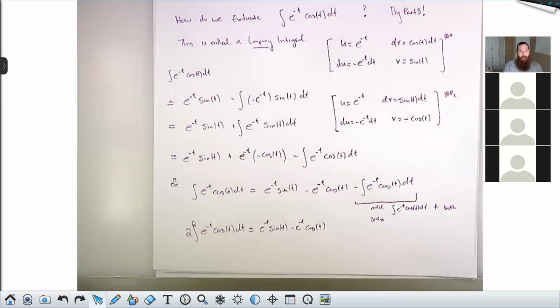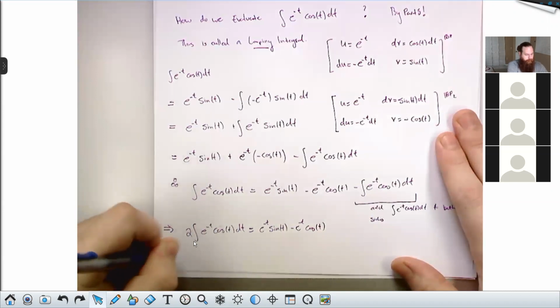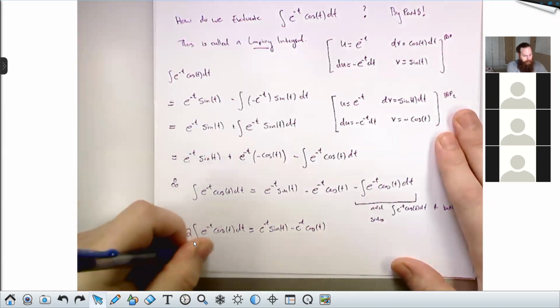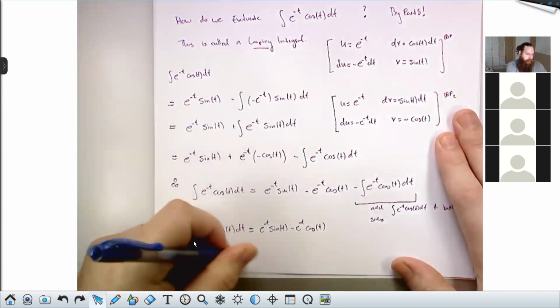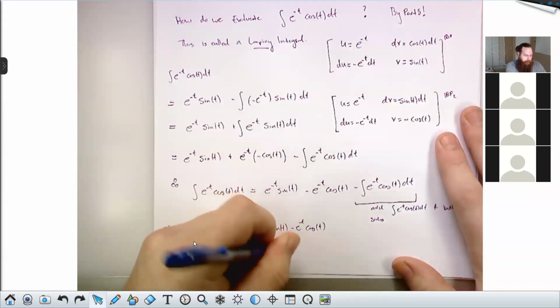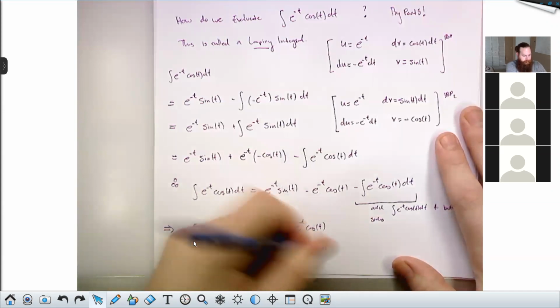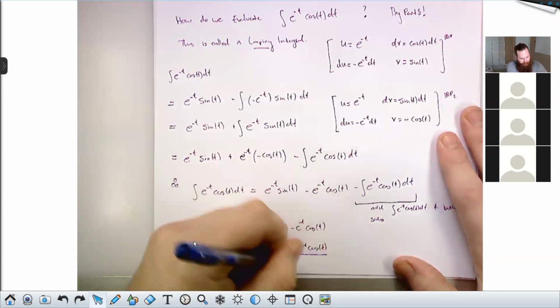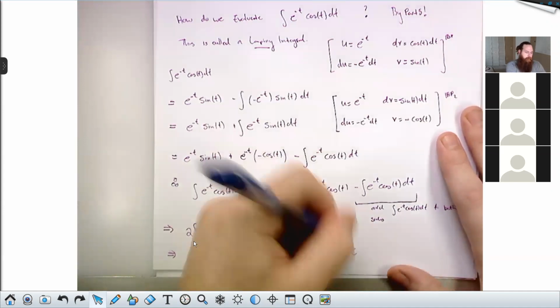And then I can solve for this integral just dividing by 2. And we should tack on our plus c.